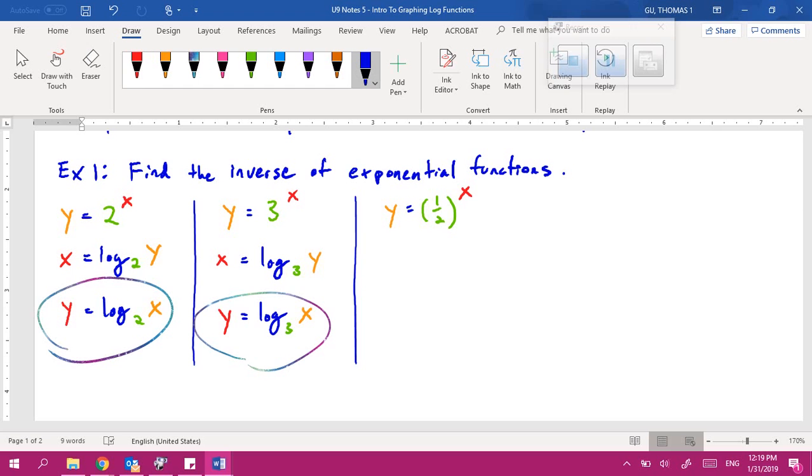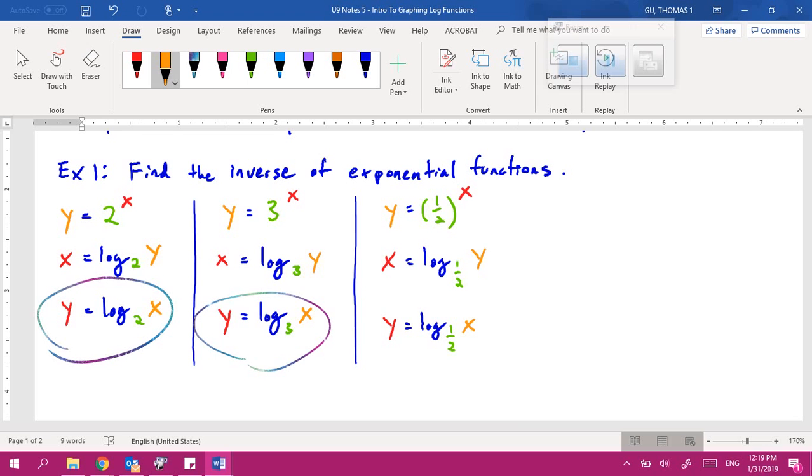Switch to the logarithmic form. And so what would that become? Log base 1/2 of x. And then y equals log base 1/2 of x. Exactly. Very good.